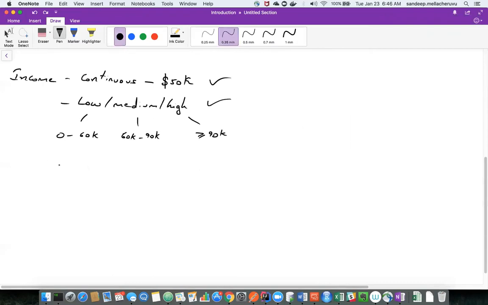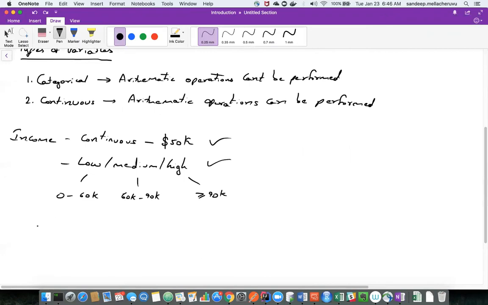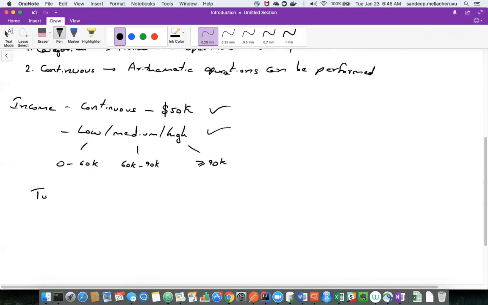Now this classification, let me write it in this kind of model. Types of variables.